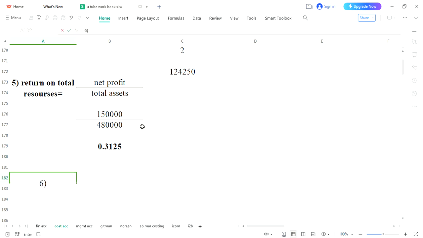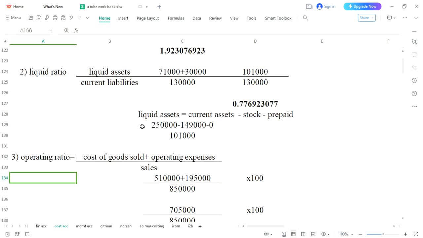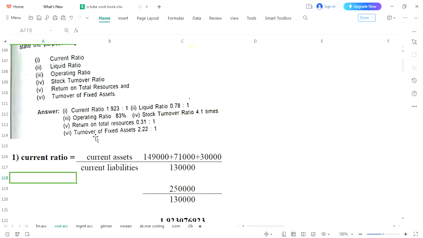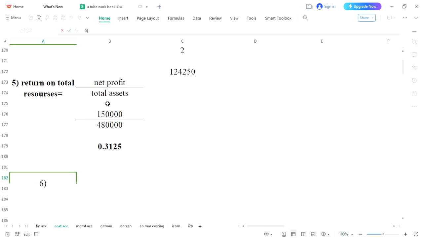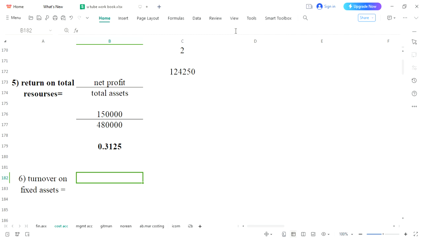Now at number 6, what we need to calculate is turnover on fixed assets. I am 100% sure that this formula is also in your mind, and it is a humble request to please learn and memorize these formulas.